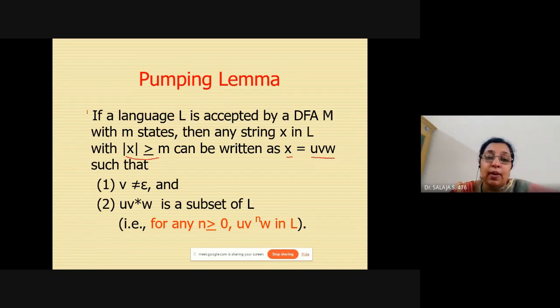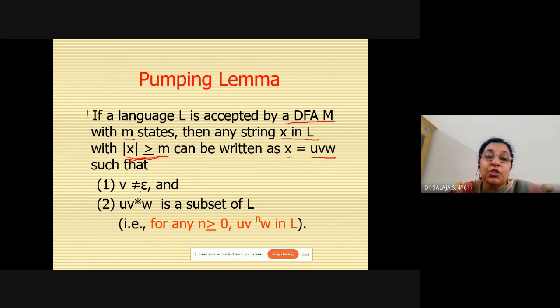The first point is a language L is accepted by a DFA. Now this DFA has M states, second point, and we'll take any string X which is represented by the DFA, and the length of the string has to be greater than the number of states. That is your third point. If this condition is satisfied, you divide X into three different substrings U, V, and W, such that you only concentrate on the V part, the middle part.